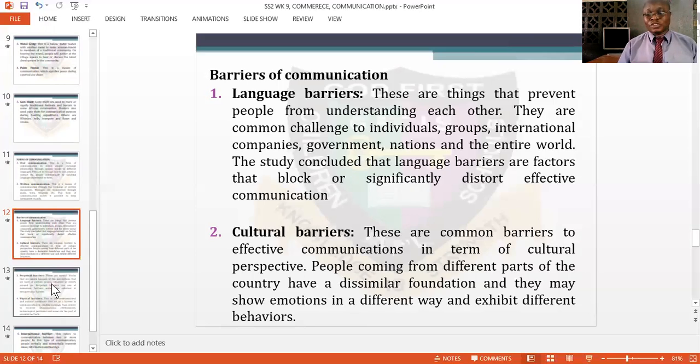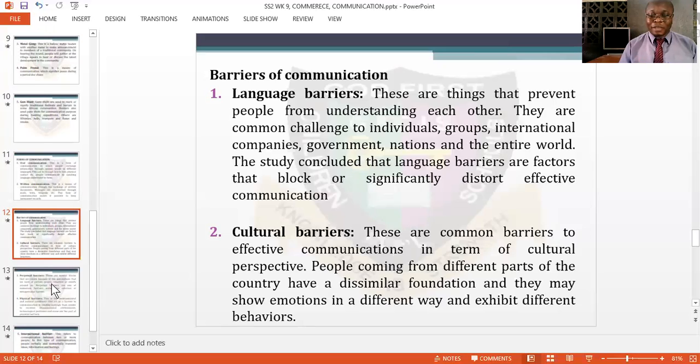The way some people in Yoruba land so believe in the time of masquerade, and they believe that people should not go to the market for that particular day. So that culture can create a lot of problems in communication and passing information from one place to another.